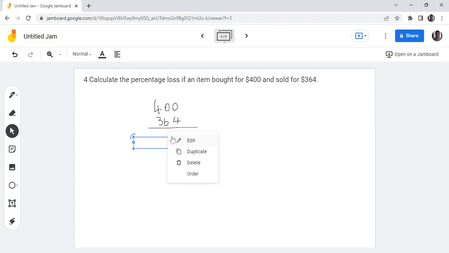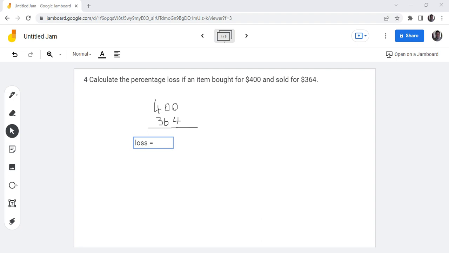Let me just write this. Loss equals, and if you insert it in a calculator, 400 take away 364, you would have received an answer of 36.